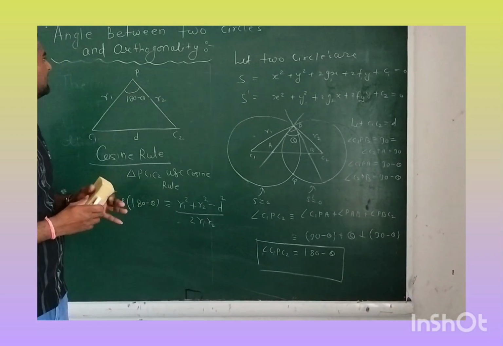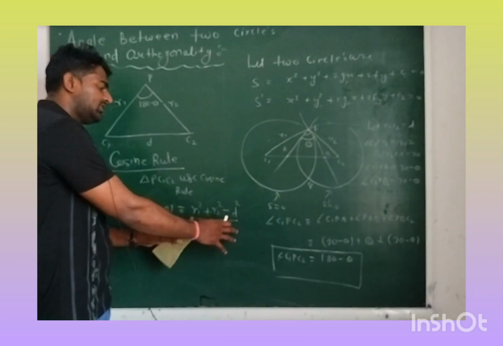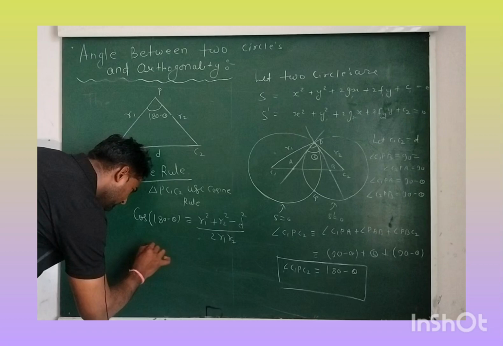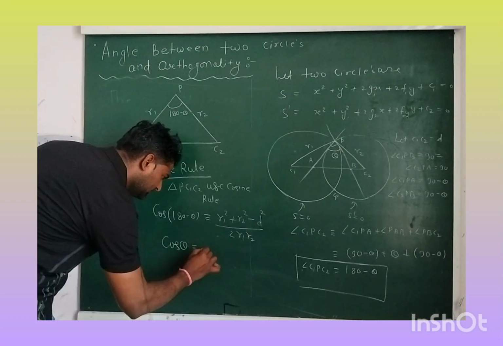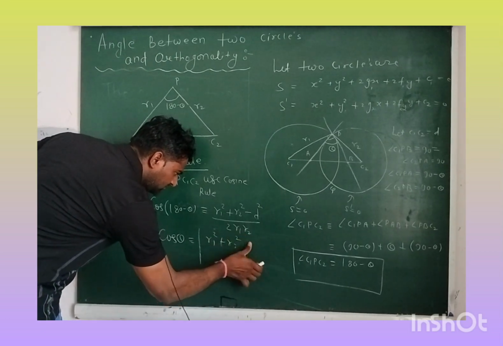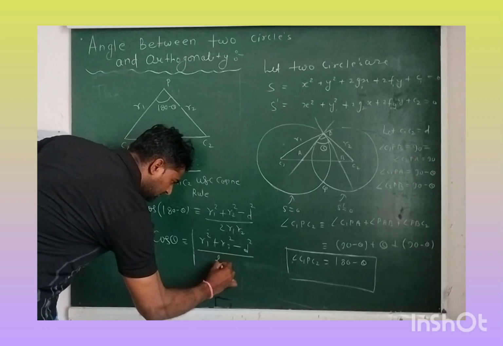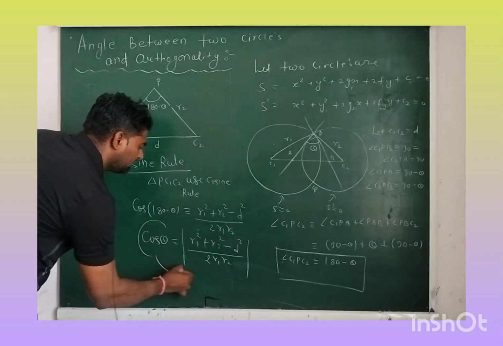In the definition we said we want the acute angle. Acute angle means this value may be positive, it may be negative. So that's why we take the modulus here. So cos theta equals the modulus of (R1 square plus R2 square minus D square) by 2 R1 R2. Why are we taking the modulus?